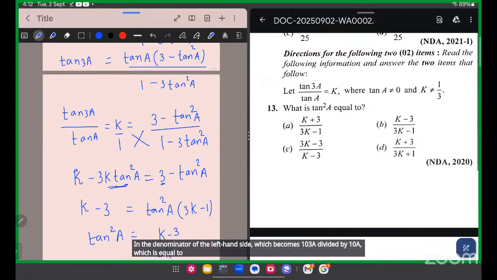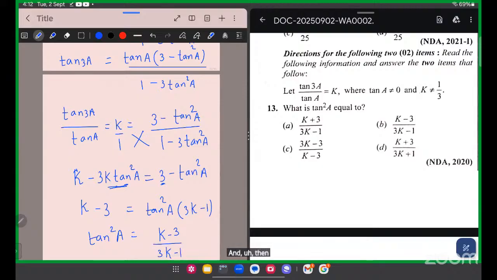It is already given in the question. And then I have just cross multiplied. And after rearranging the terms, we have got tan square a is equal to k minus 3 divided by 3k minus 1, which is option B. So the answer will be B. I hope it is clear. Understood, everyone?